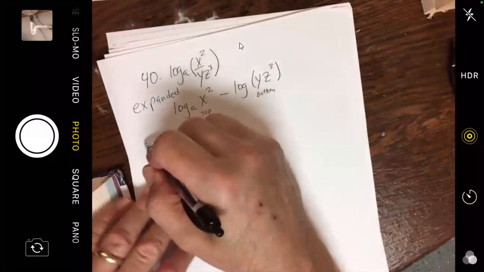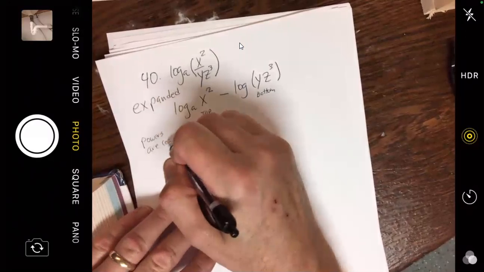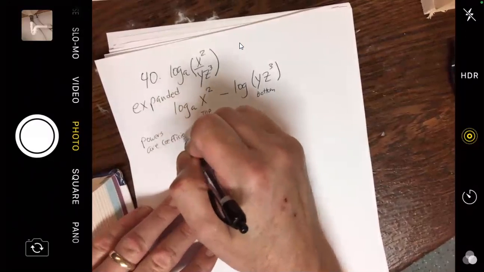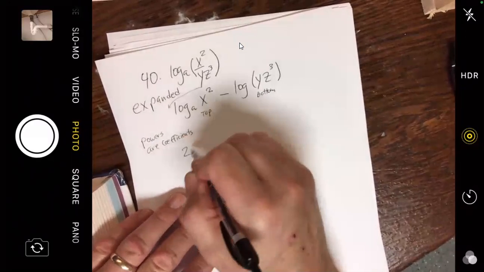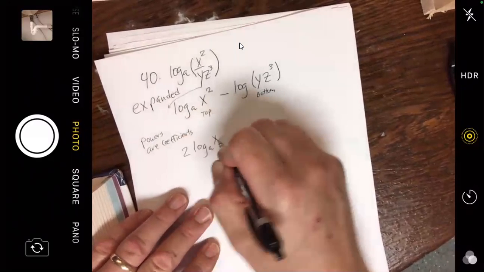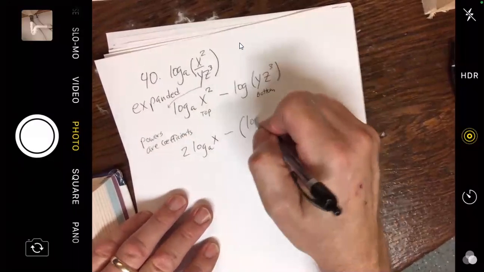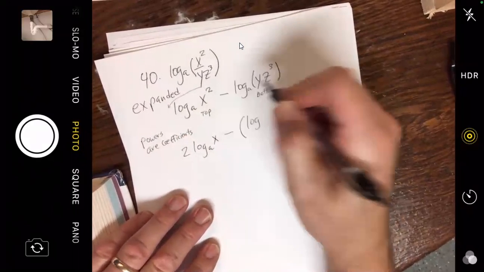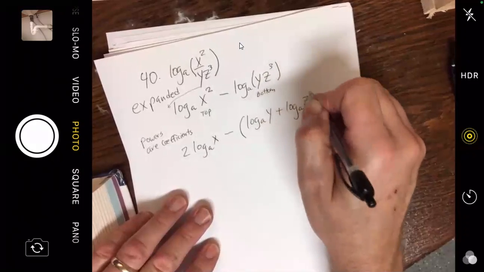Remember, powers are coefficients. So the 2 can come to the front. 2 log base A of x minus, and then a big parentheses because this can expand, log base A of y plus a log base A of z cubed.